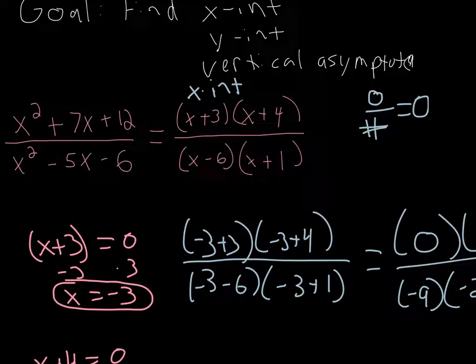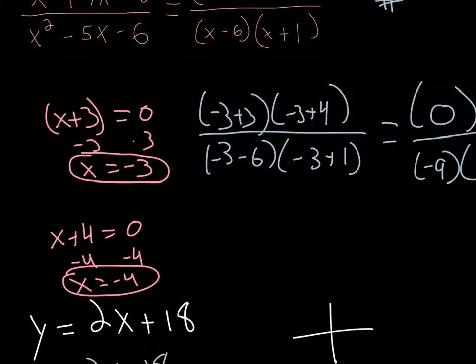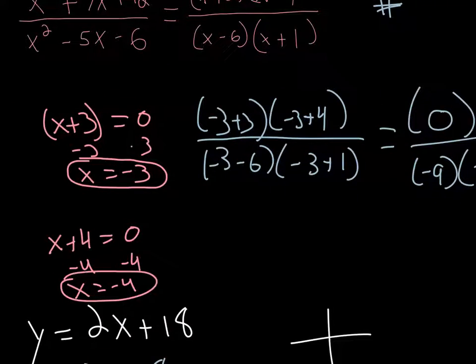And the reason for that is when you plug in your -3, your x-intercept, into your factor, -3 plus 3 simplifies to 0. And that's what we're looking for, is to make sure that our numerator comes out to be 0. Okay. So, in this case, we've identified our x-intercepts to both be -3 and x equals -4.